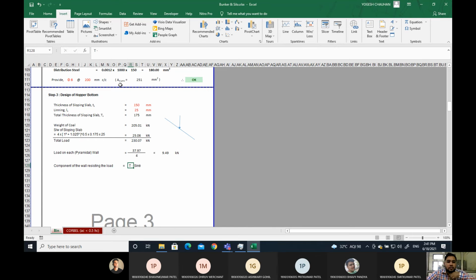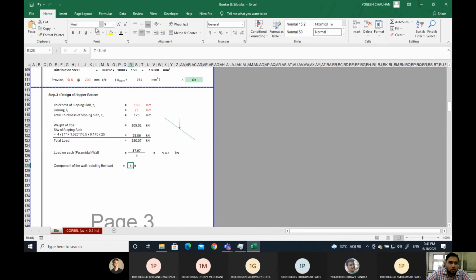But now this is when it is pyramidal type. But if it is conical type, then you have to take the perimeter of the wall.